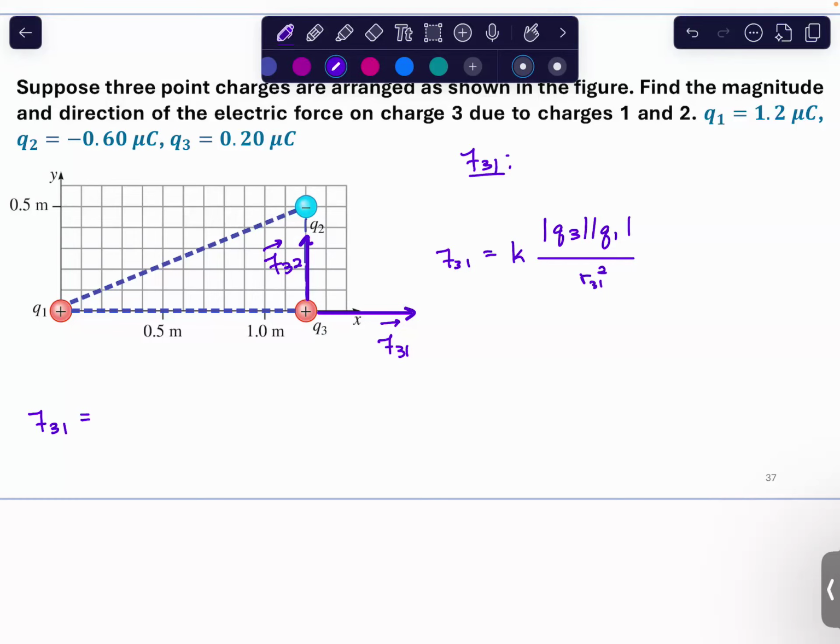What does K equal? Does anyone remember that? Okay. Well, K is Coulomb's constant. No, see, if this was a quiz, it wouldn't be the number.